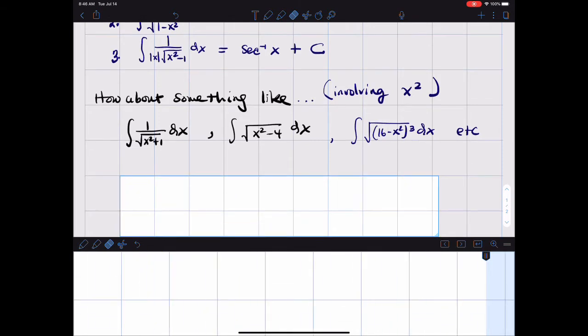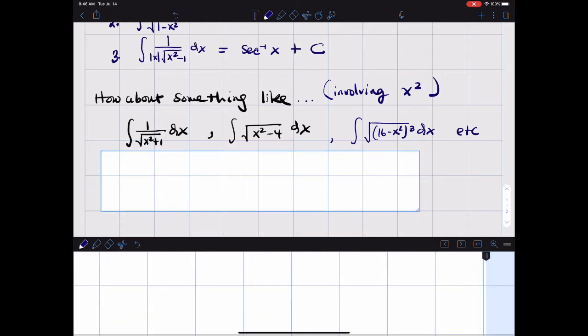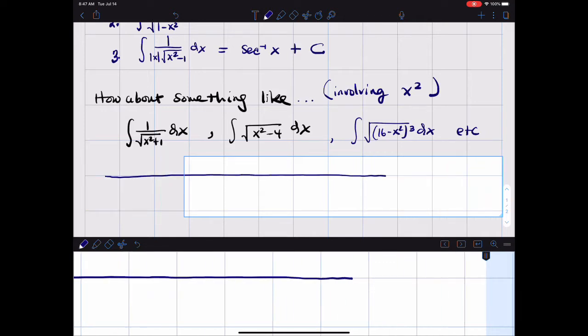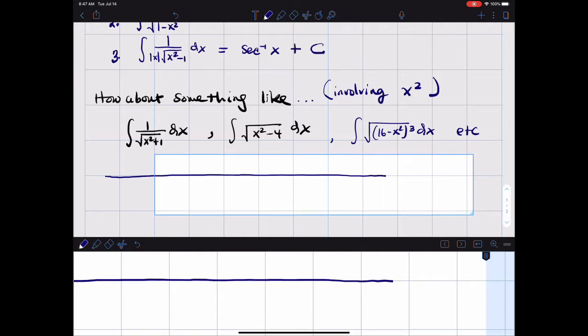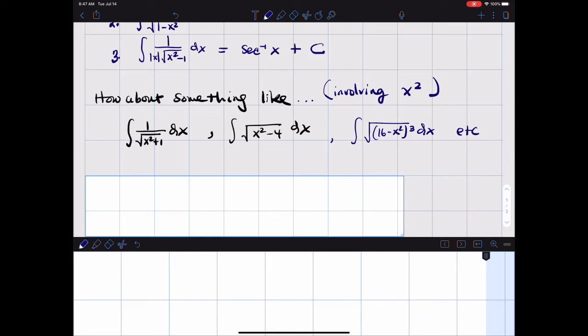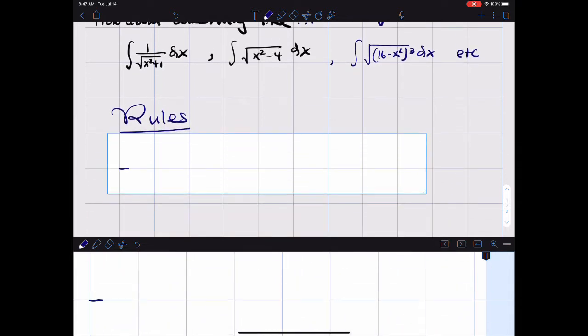I'm going to try to make a table. It's usually hard to make a table here. Let's see, make a table. I'm going to write the heading down, rules, and then I'm going to put a table.